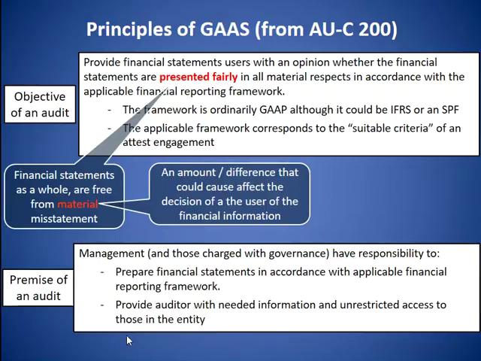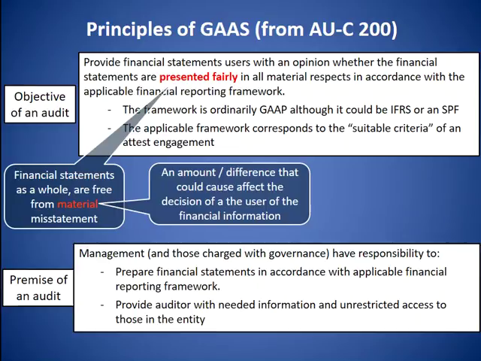The other premise of an audit is that management and those charged with governance have the responsibility to provide the auditor with any needed information and unrestricted access to those people, not only to the people in the entity, but I should add also third parties where the auditor needs information from third parties.